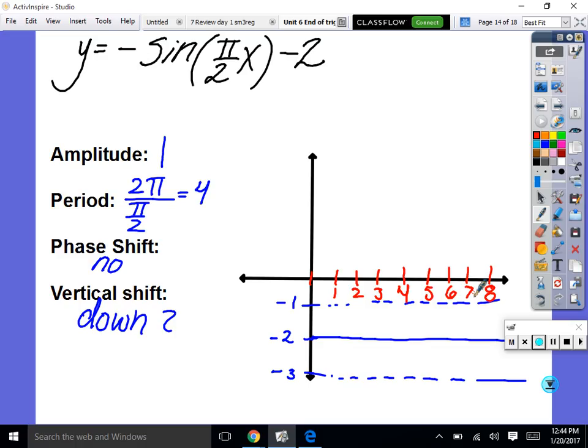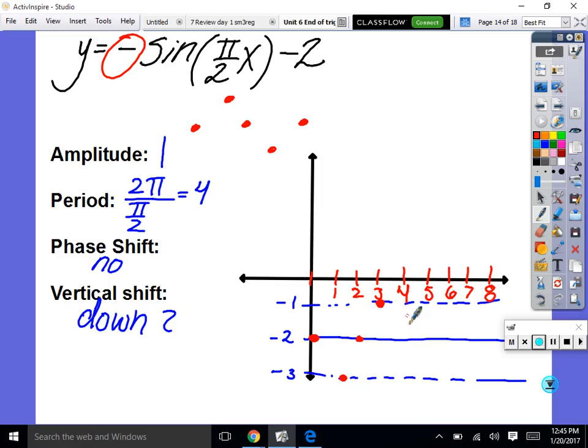Okay. So then our amplitude is a reflection over the x-axis. So normally sine starts at the 0, max, 0, min, 0, right? So it's still going to start at 0. Then it's going to go to the min at that point. At that point, it will be back to the 0. At that point, it will be at the max.